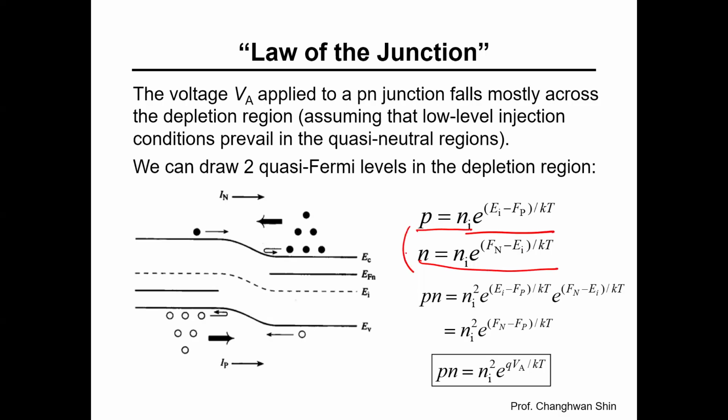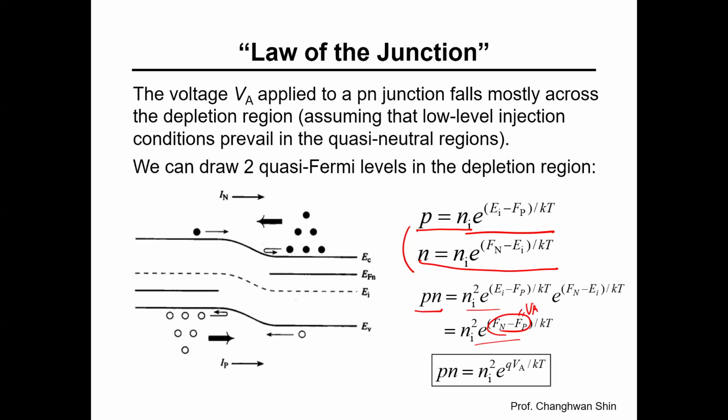Multiplying these, we get p times n equals and so on. You can do that. The difference between the quasi-Fermi levels equals the voltage that you applied. So here you can plug in the V sub A.